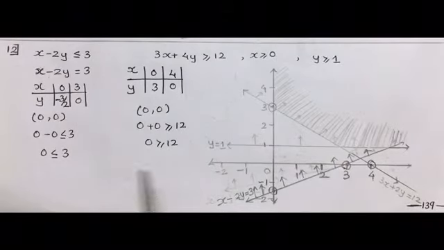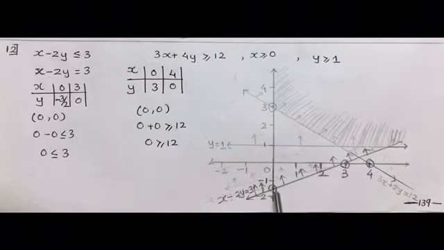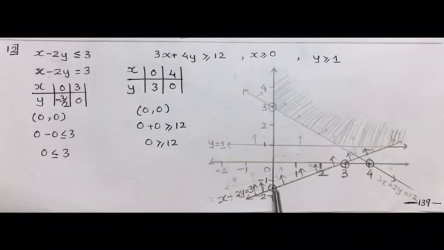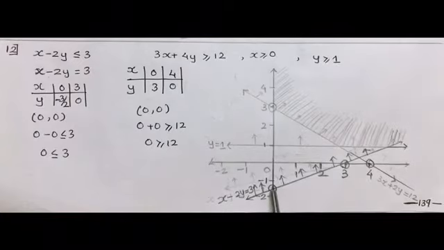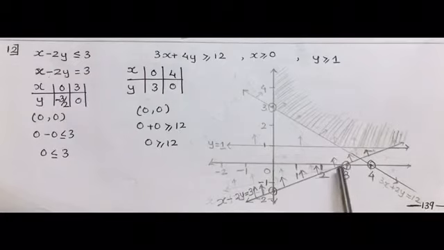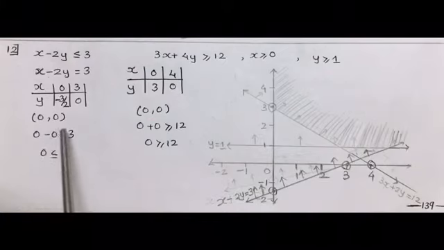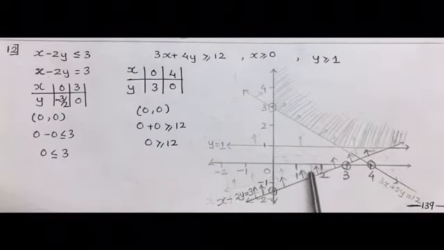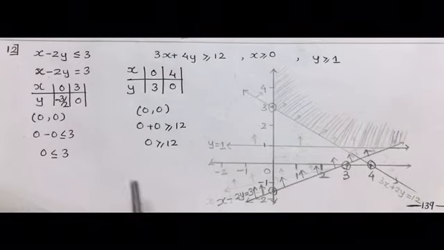Plotting the points, minus 3 by 2 is minus 1.5, between minus 1 and minus 2 on the y-axis, and (3, 0) is a point on the x-axis. Drawing the line and selecting (0, 0) to decide which side is to be shaded, (0, 0) satisfies the inequality, so the arrows point towards (0, 0).